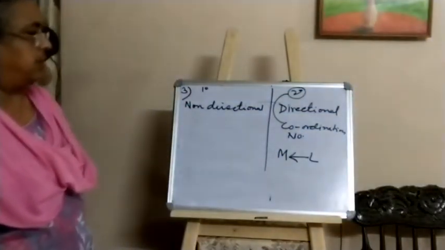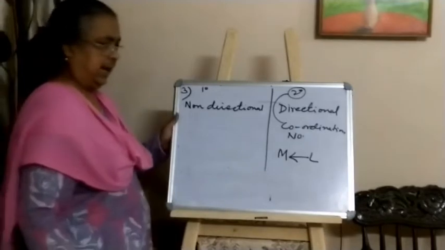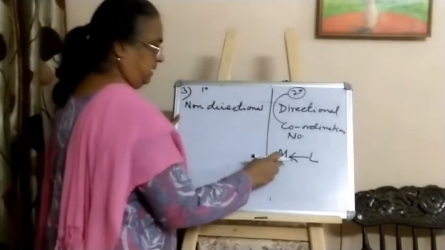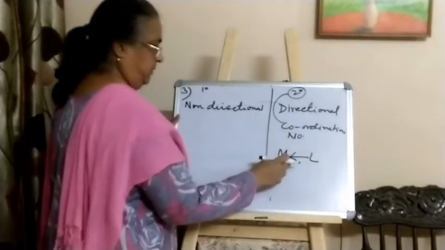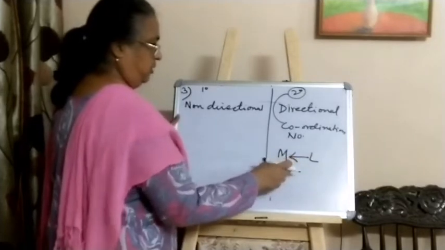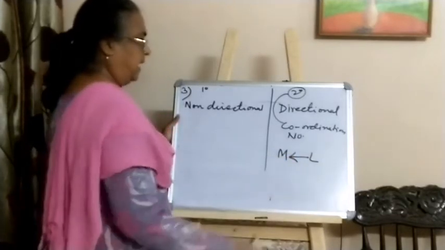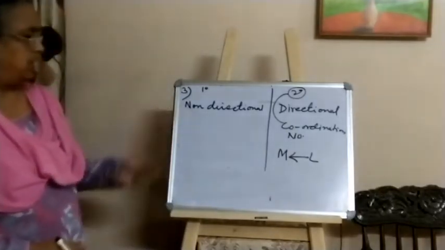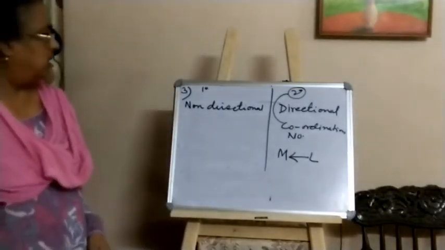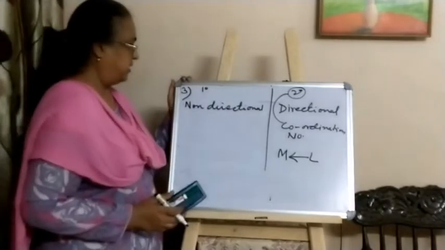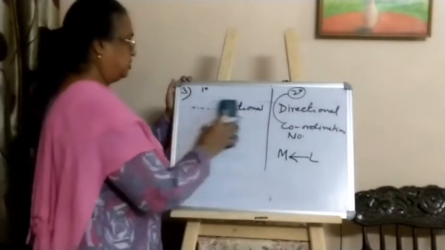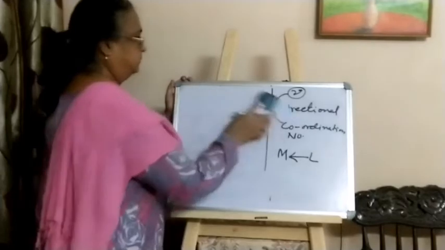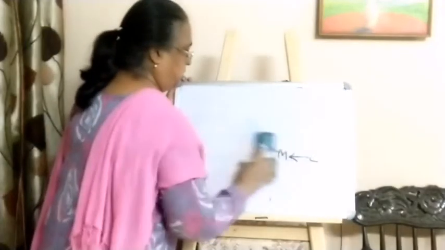So it is based upon the bond between ligand and the central metal atom, and this bond is always a coordinate bond. It is an arrow bond, and a coordinate bond is a directional bond, and so the secondary valency is directional. Here, no coordinate bond, simple electrostatic forces of attraction are there, and so this is non-directional. So we'll see now the structure.